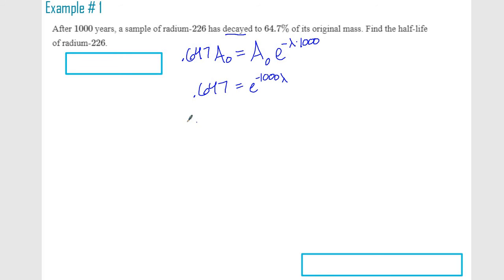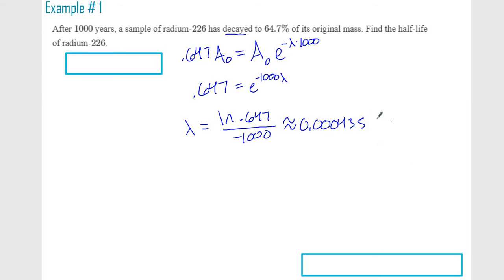Then essentially, lambda would be the natural log of 0.647 all over negative 1,000. And this should get you approximately 0.000435. And now that we know what the decay constant is, we can figure out what the half-life would be.